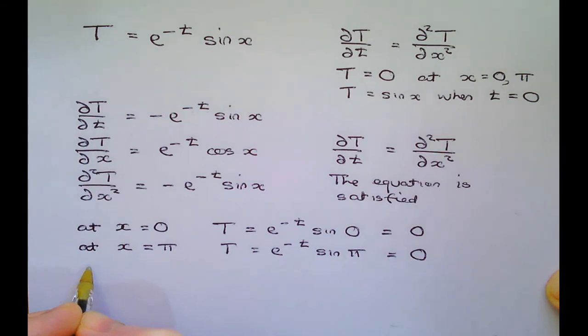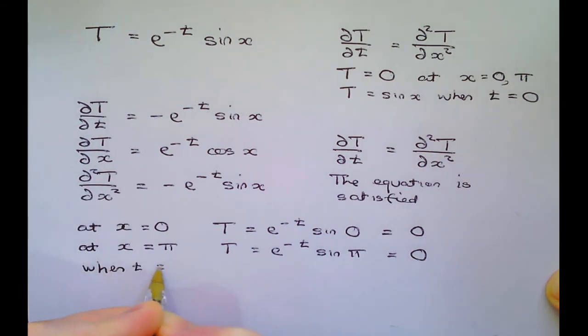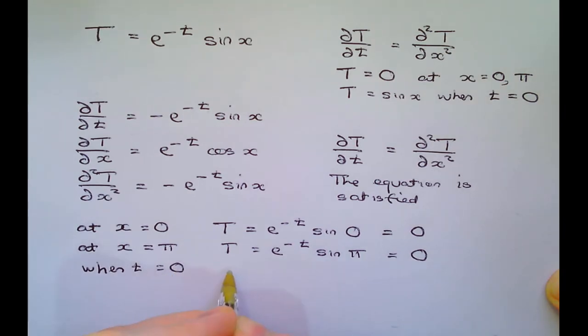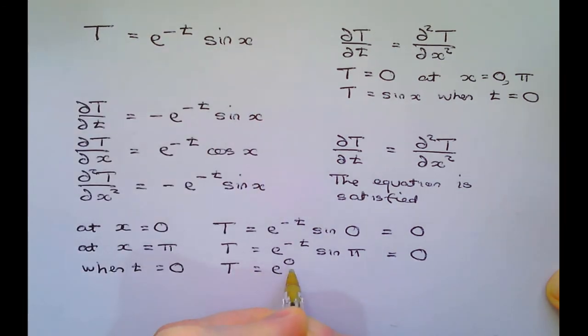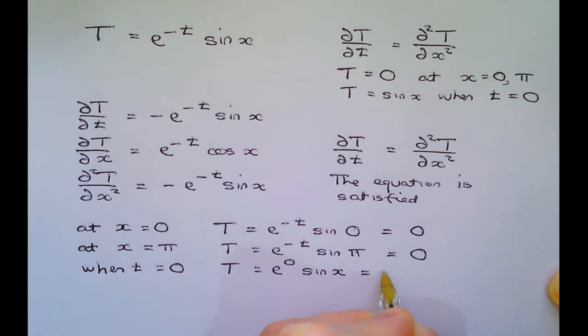And then, putting in our value for t, when t is equal to 0, we will have that our temperature T will be e to the minus 0 times sine x, and of course e to the 0 is 1.